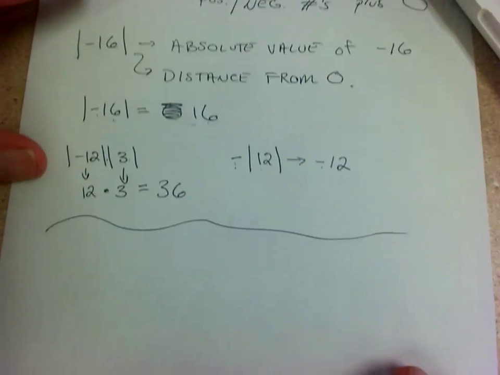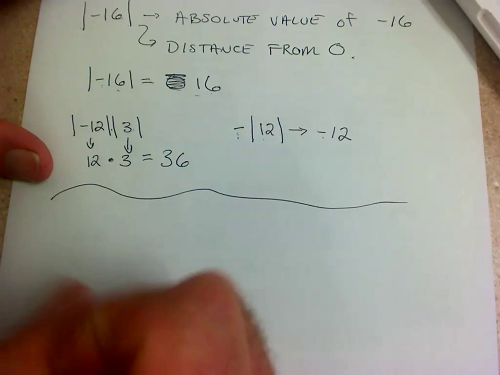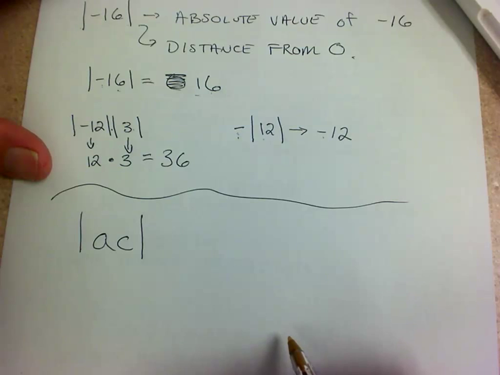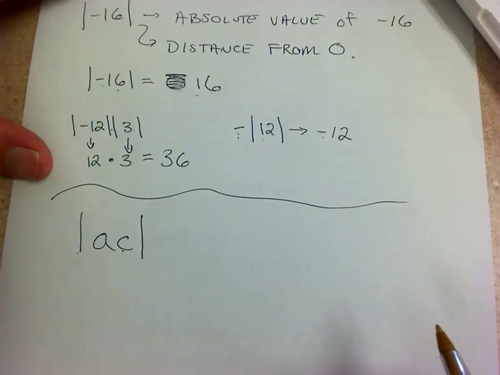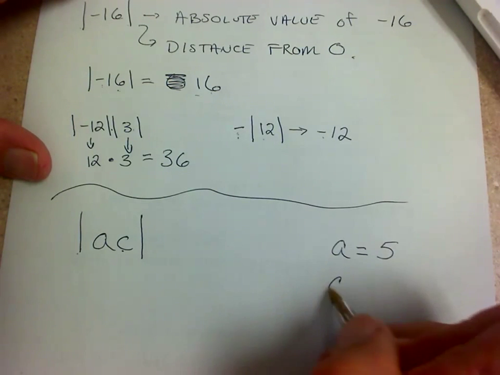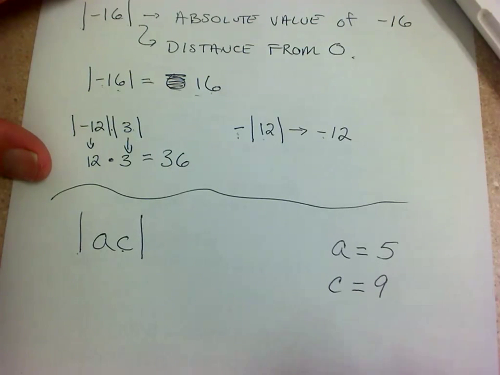The other half of our homework, when it comes to pre-algebra, you've got to recognize that numbers and variables go hand in hand. Another situation we may see is a setup like this, which we read as the absolute value of AC. The way this problem is written, there's not enough information provided for us to do anything. So look in your directions, look off to the side, and there should be some information provided.